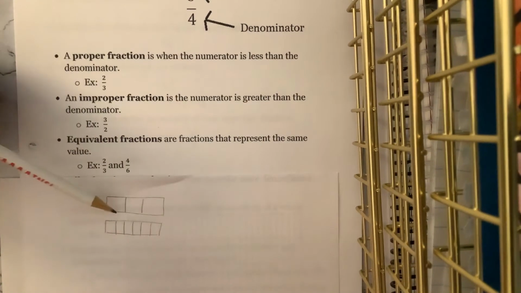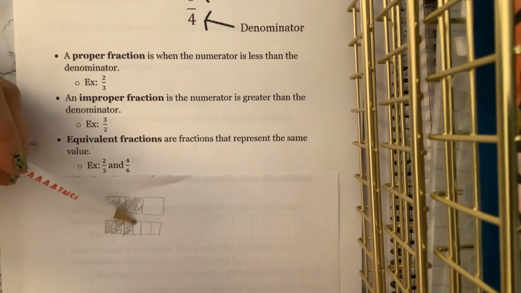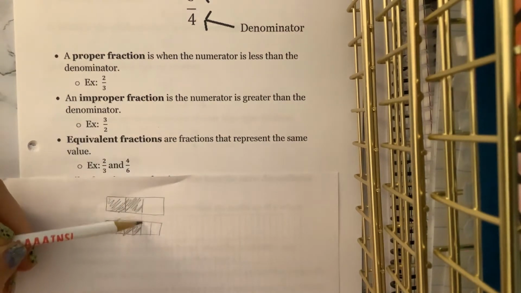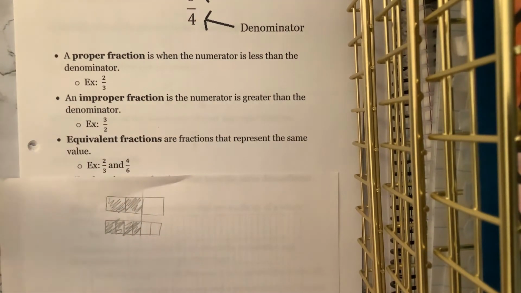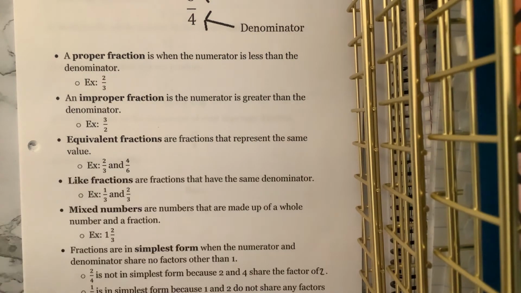If I color in 2/3 and 4/6, you should notice these are the same, right? So we call these equivalent fractions because they use different numbers, but they represent the same amount, the same value, okay?